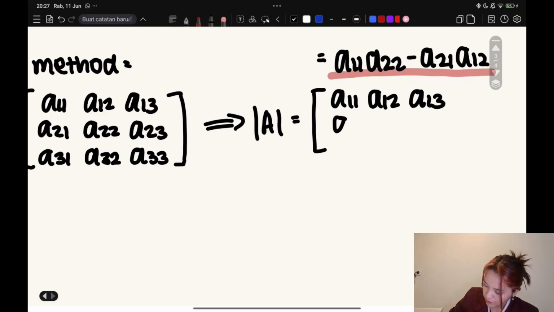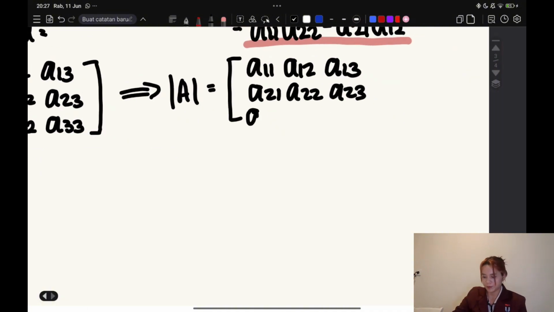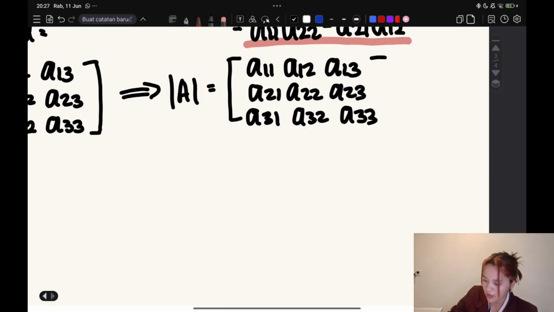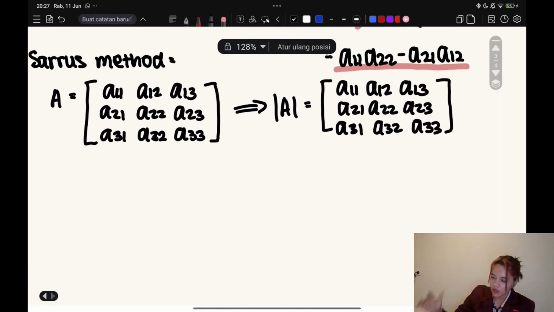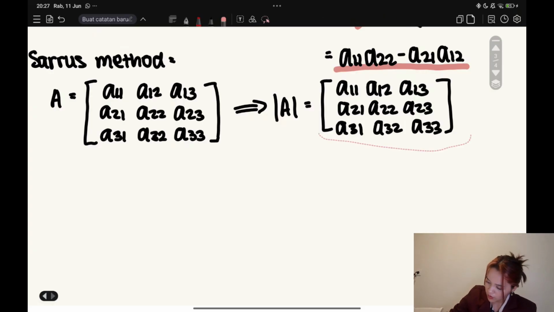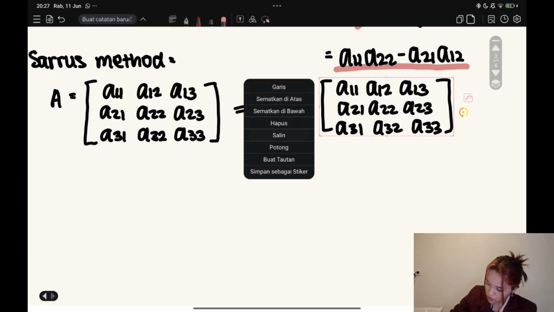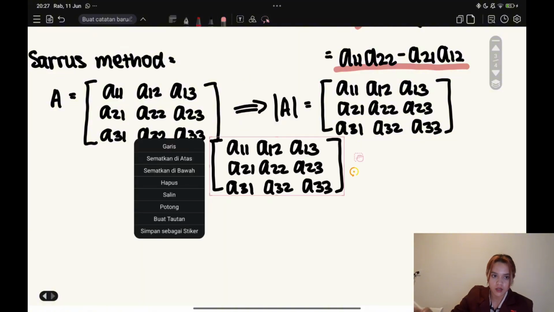Okay, A31, A32, and A33. Okay, for the next step is we have to make this to be like this.